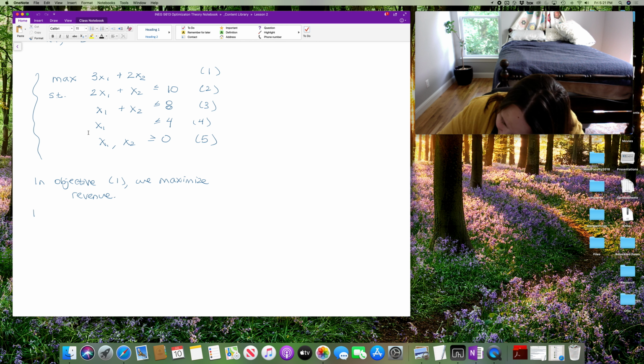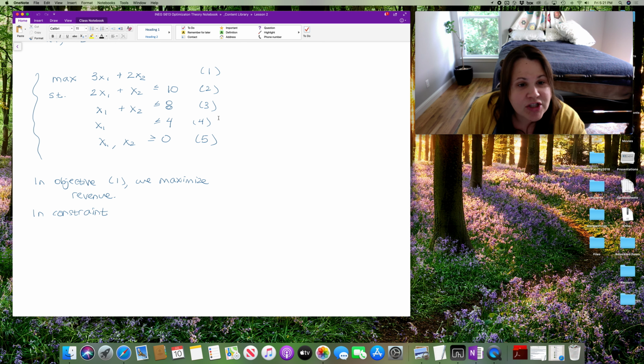Then you can say in constraints, I'm actually going to merge constraints 2 and 3 because fundamentally they are doing the same thing. We're saying the amount of a resource used, small bricks or big bricks, is less than or equal to the amount of the resource available.